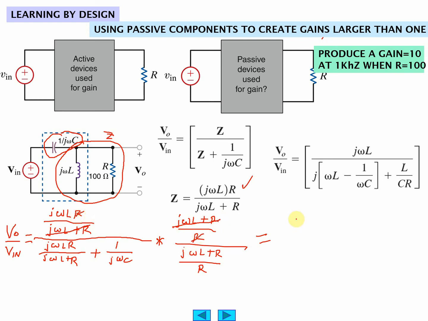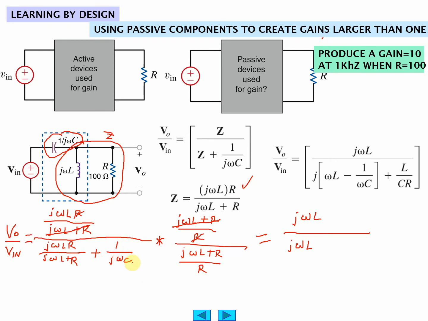So we get the j omega L on top. And then this times this will give us just j omega L again. That's this stuff here times this stuff.